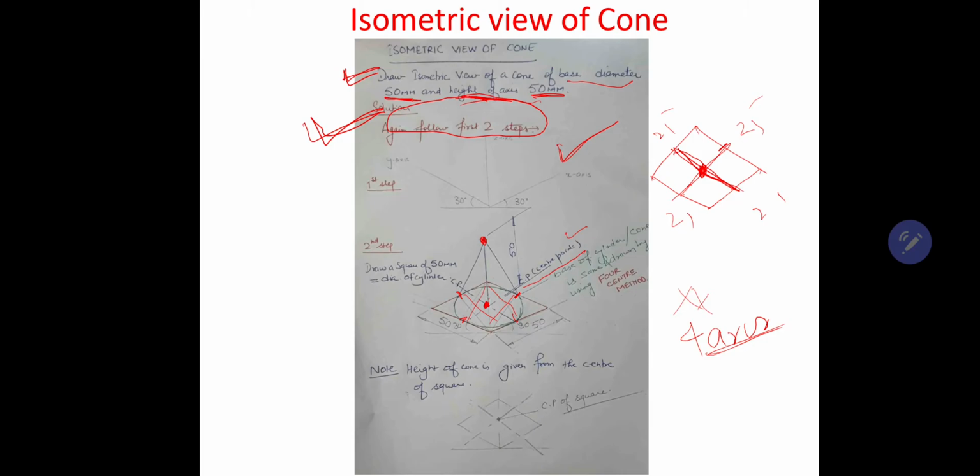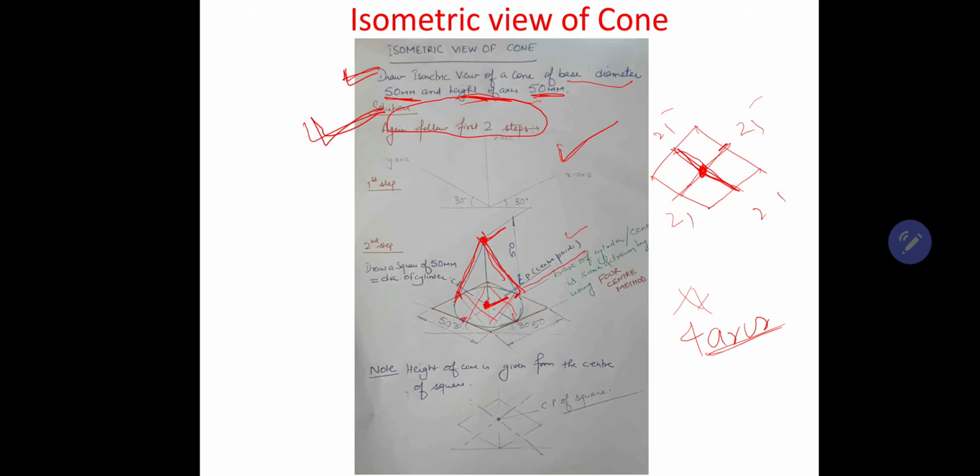The distance from this point, which is the center, to this point is 50 mm. Now you have to draw these two tangents. In this way you will get an isometric view of a cone.